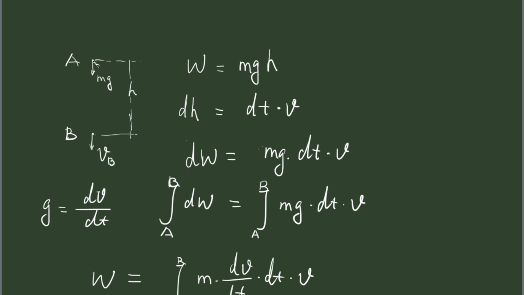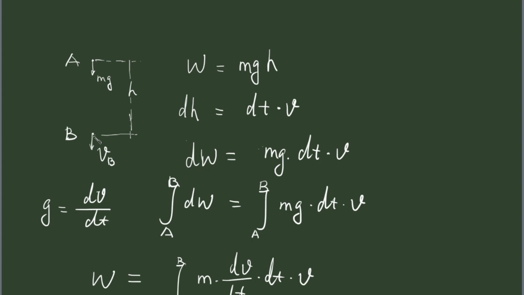As gravitational force is a conservative force, when the object falls from point A to point B, the potential energy is converted to kinetic energy.